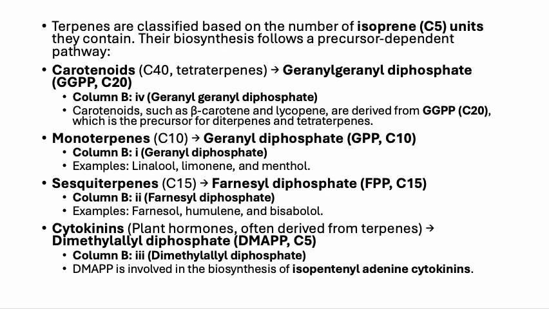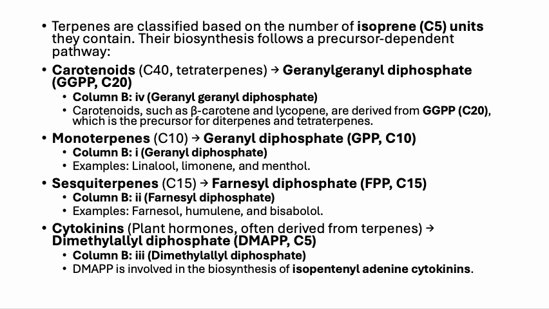Whereas sesquiterpenes sit between your monoterpenes and tetraterpenes. They have C15, and an example of that is farnesyl diphosphate. Finally, cytokinins. Sorry, I made a mistake confusing cytokinins and cytokines.